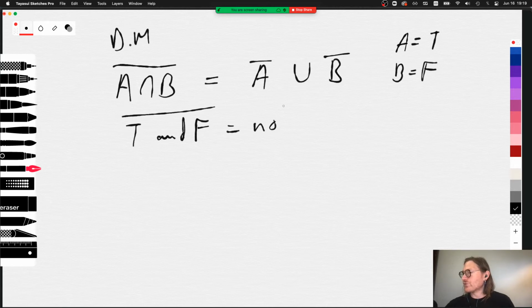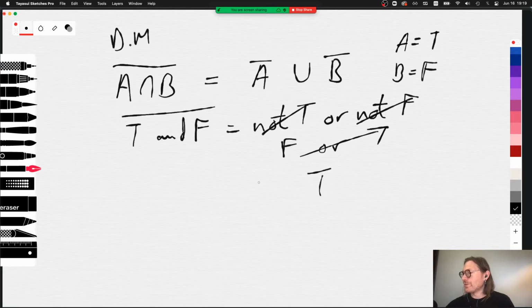This will be not true or not false. Not false evaluates to true. Not true evaluates to false. False or true evaluates to true.